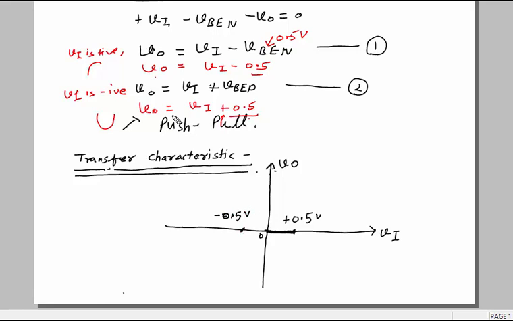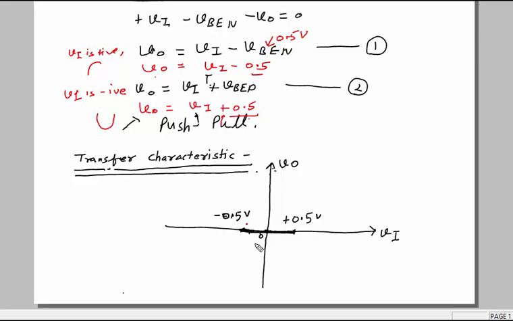From here till this point it will be 0. When we put Vi minus 0.5, V naught will be 0. Similarly, when you put Vi plus 0.5, V naught will be 0. So this is the range where Vi is greater than or equal to minus 0.5 and less than or equal to plus 0.5, and V naught will be 0.